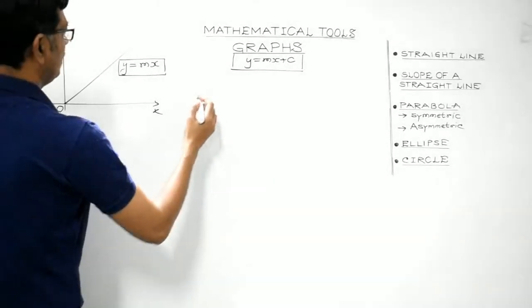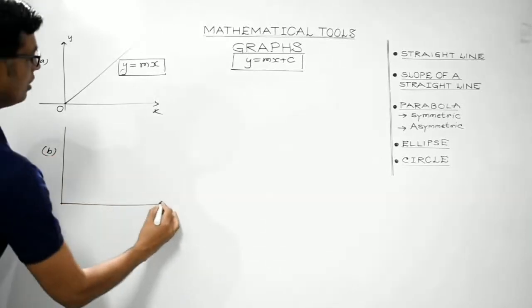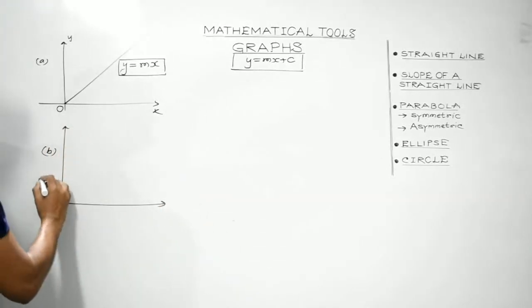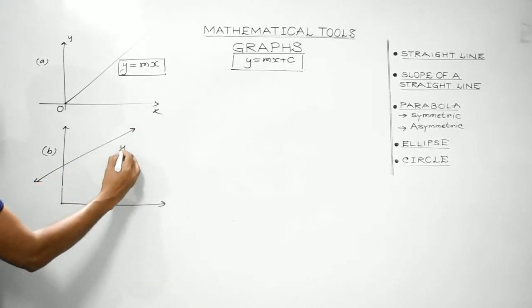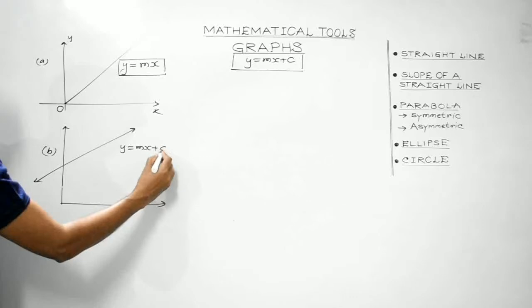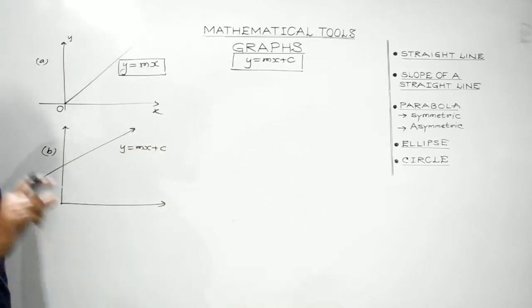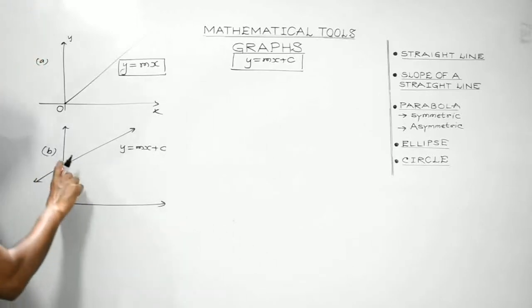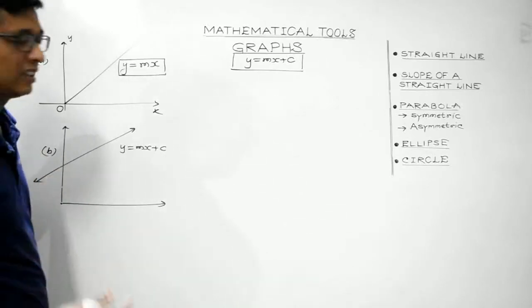Let's consider case B. This is a straight line and having standard equation of y equals to mx plus c. It's having positive slope, so m is positive, and it is having some finite value of c. So this will be the intercept on the y-axis, right? Now let's discuss an example.